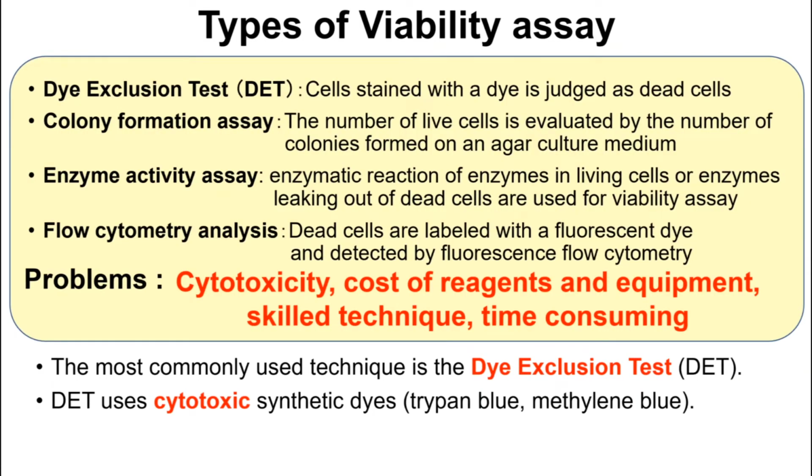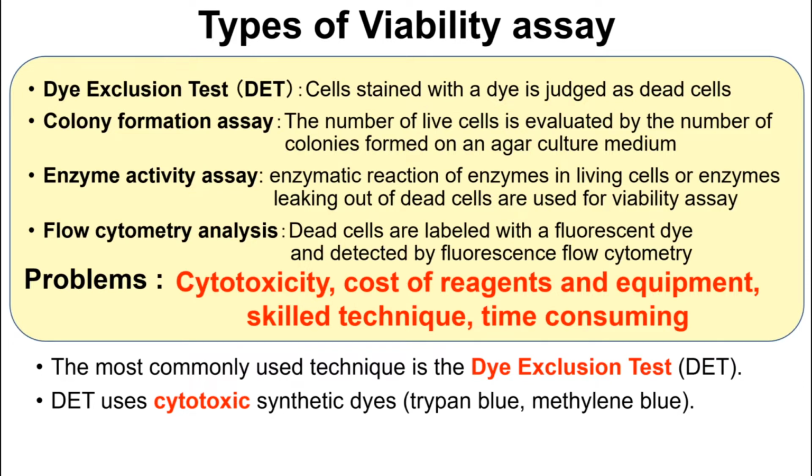As conventional methods to distinguish between live and dead cells in culture, the following are known. In the dye exclusion test (DET), cells stained with a dye such as trypan blue are judged as dead cells.